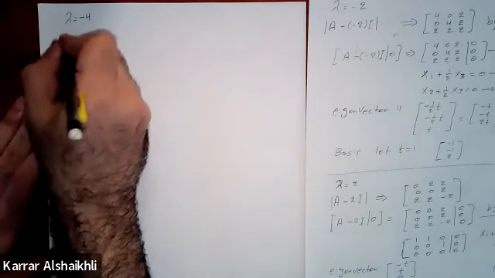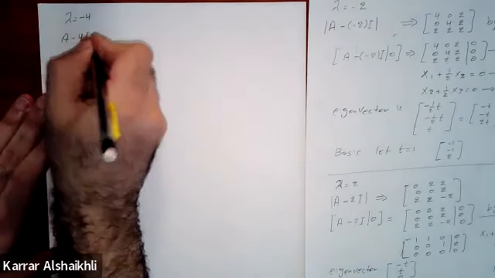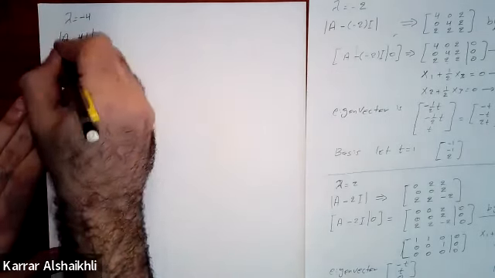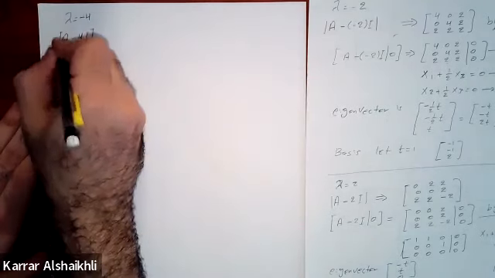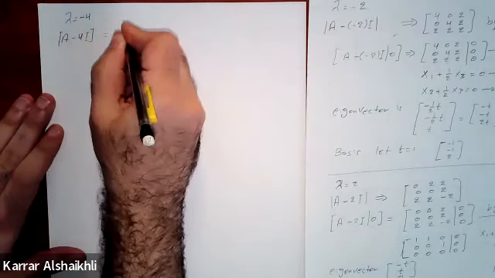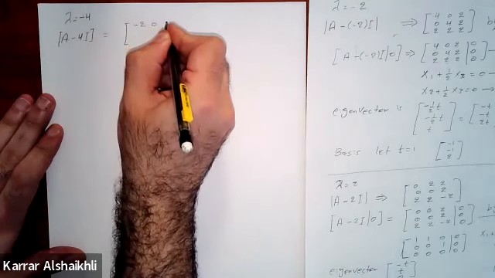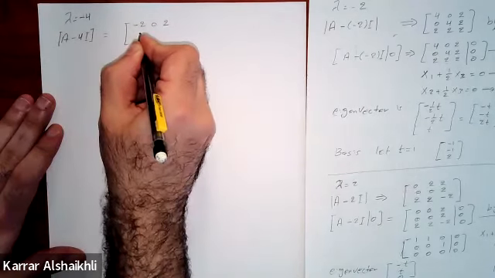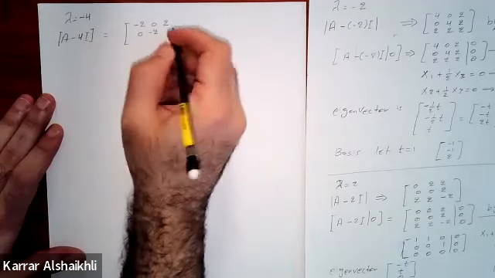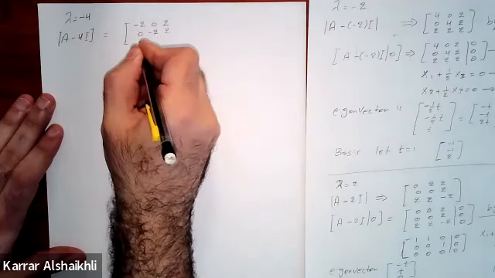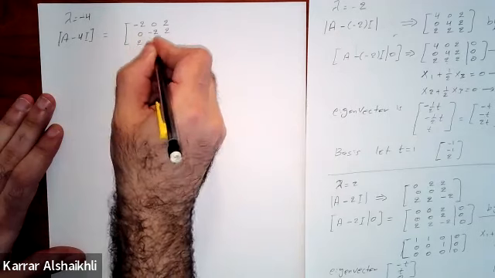So maybe A minus 4 lambda as the matrix is going to be negative 2, 0, 2, and 0, negative 2, 2, and 2, 2, negative.